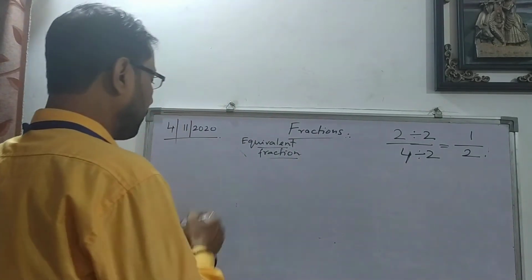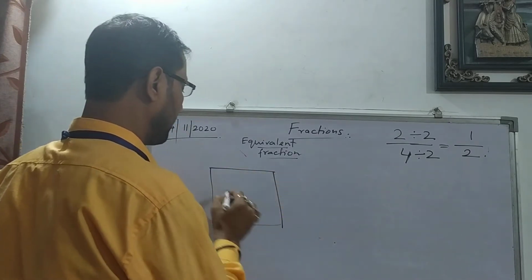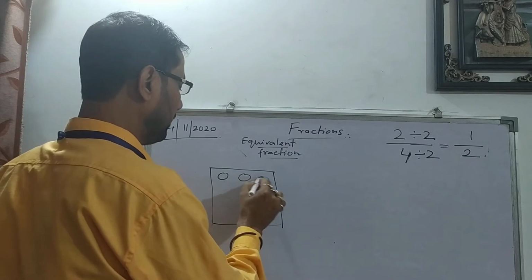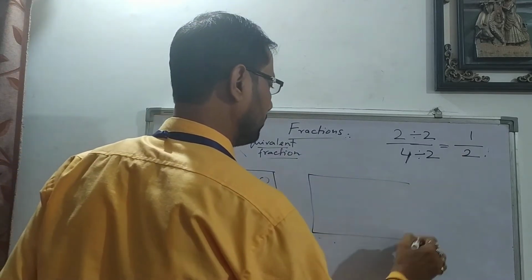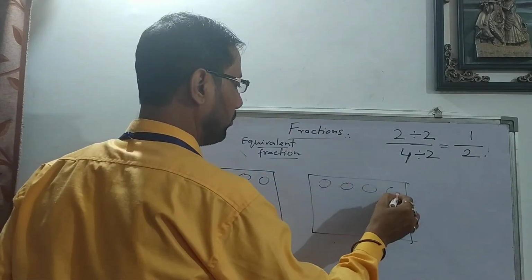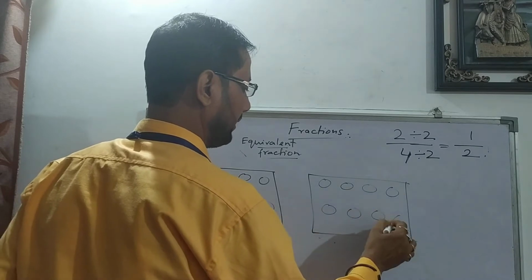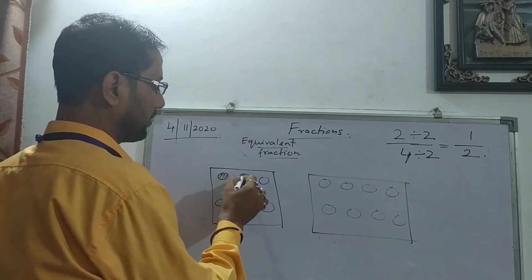See, suppose this is a rectangle. 1, 2, 3, 4, 5, 6. Here another I have drawn. 1, 2, 3, 4, 5, 6, 7, 8, 9, 10, 11, 12.